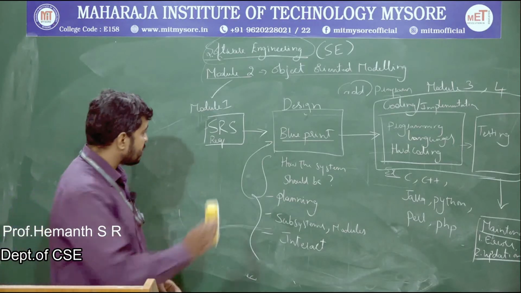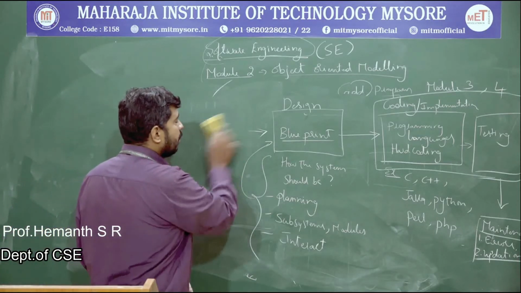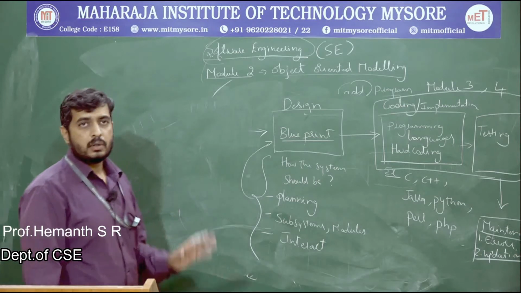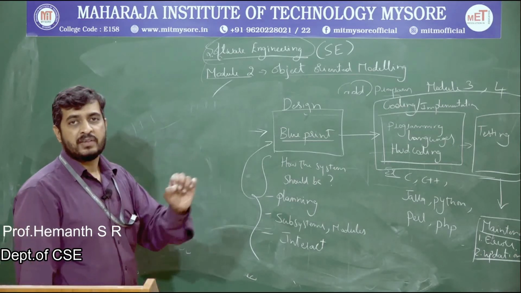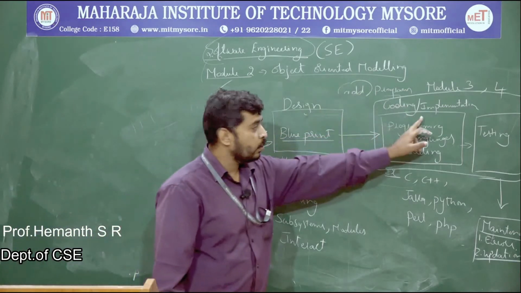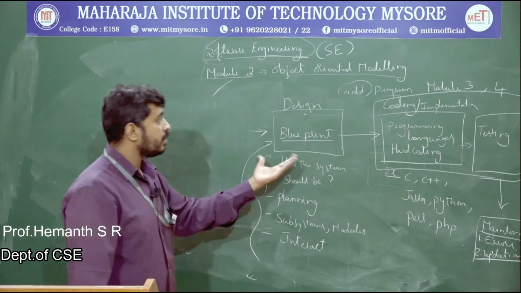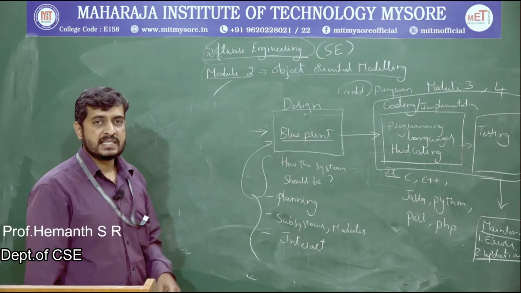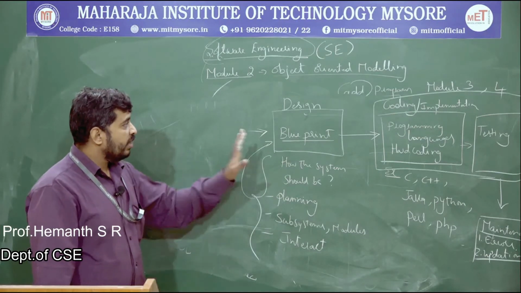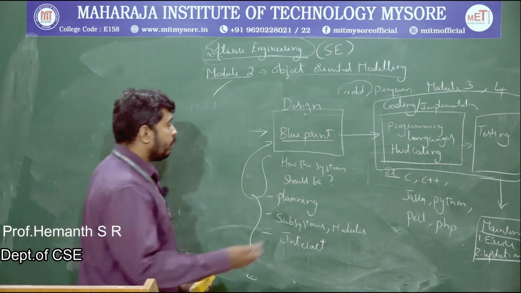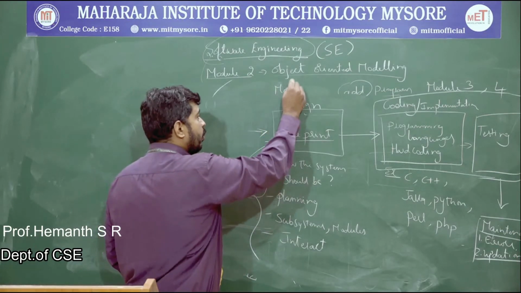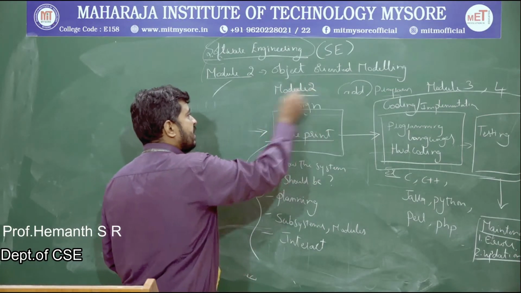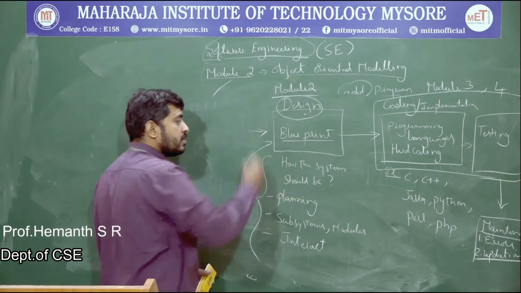Okay, so we have completed with this part. We also understood once we have the requirement, we do not directly jump into coding. There is one more very important stage, so called as design. So we will focus on this in module 2. This is where your module 2 is coming into picture, the design aspects.